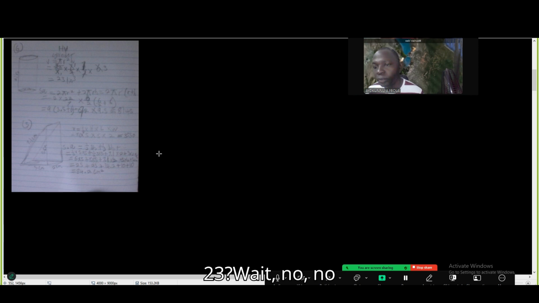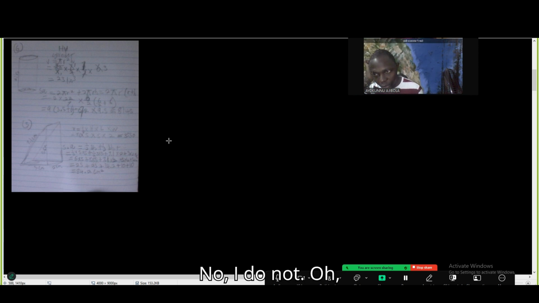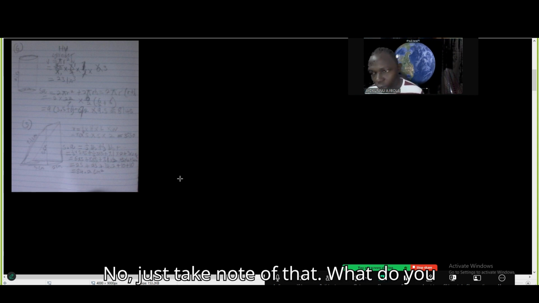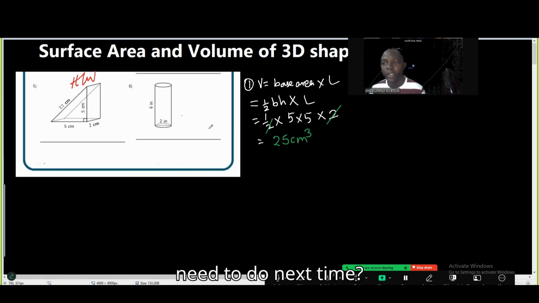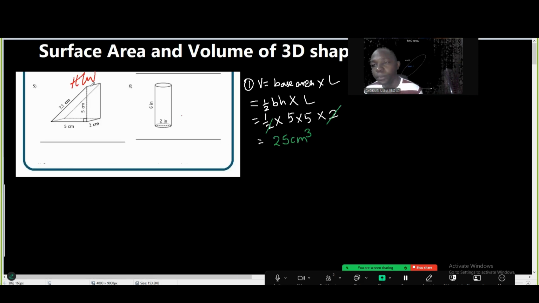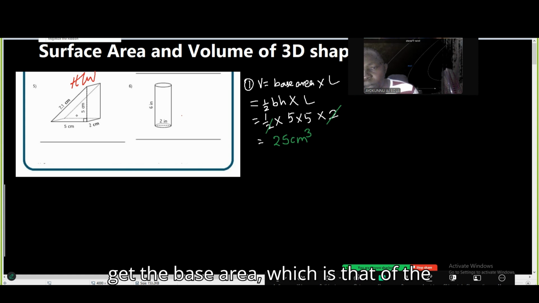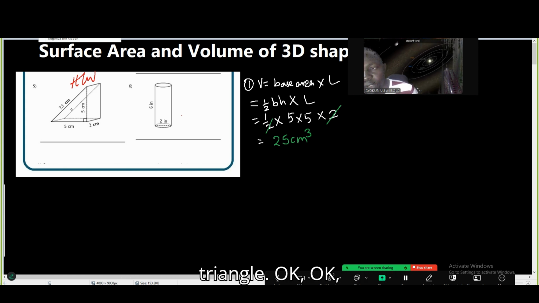No, I did not get 25, sir. Oh, you only multiplied all of the figures. Just take note of that. What you need to do next time, once it's a triangular prism, is get the base area, which is that of the triangle.